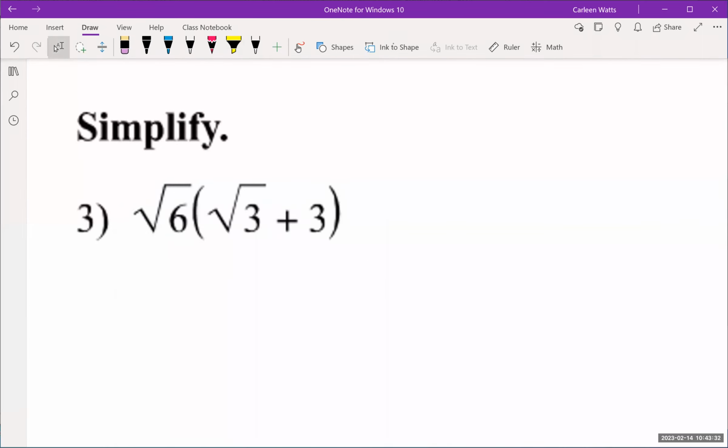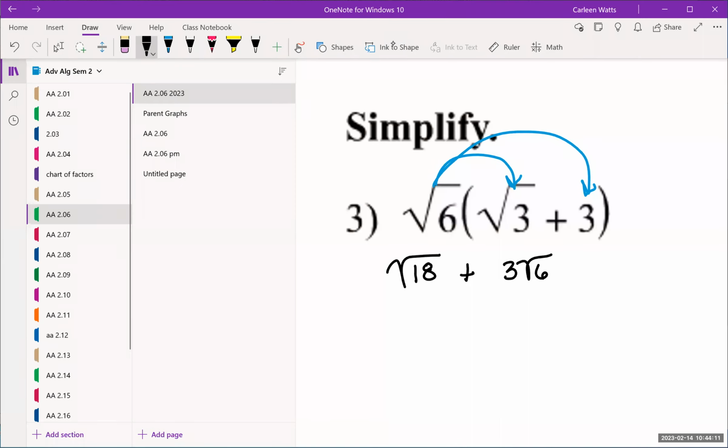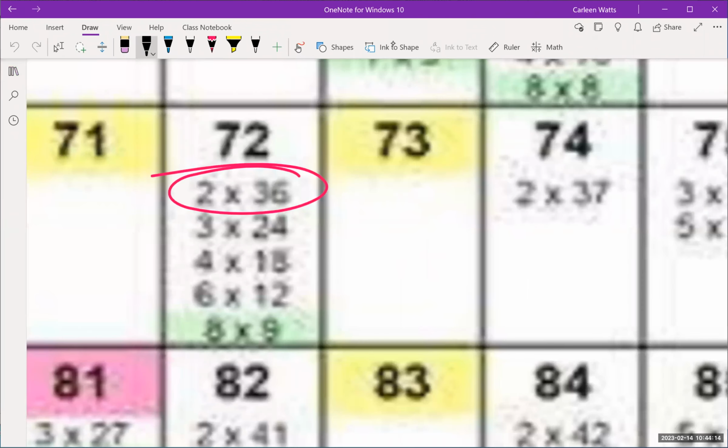Okay, distribute please and see what you get. Okay, so we have inside 6 and inside 3 is 18. Outside 3, inside 6. Okay, let's check the chart of factors. 18. I wonder if there are any factors that are perfect squares.